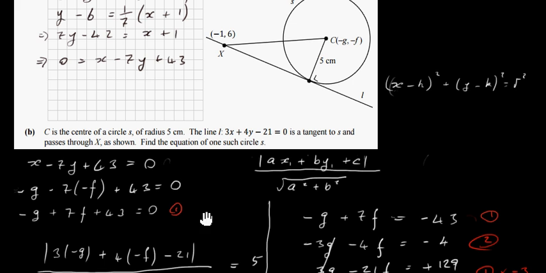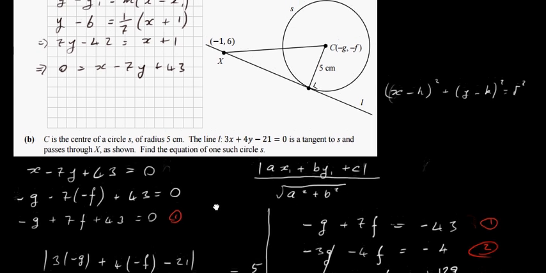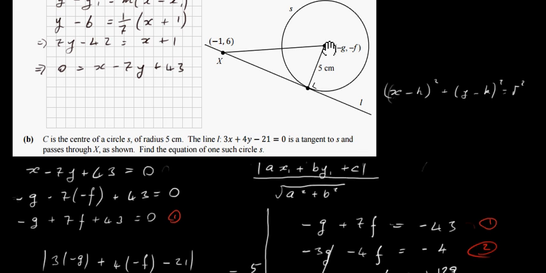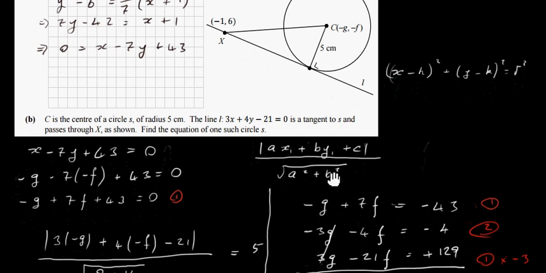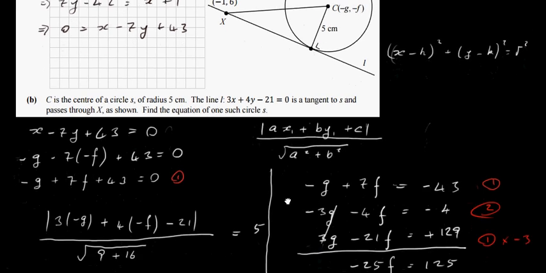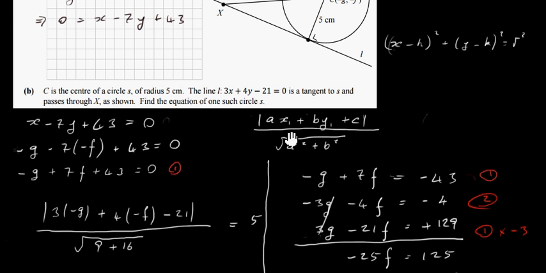Now I need another equation. The other equation I'm going to write out is the distance between this point and this line here. That's given by this formula here. This is in your maths tables. So let's do that. Now I'm going to work down the left hand side here. Ignore the right hand side for the moment. So the equation I'm going to use is this equation here.